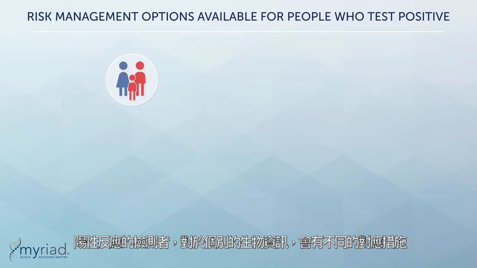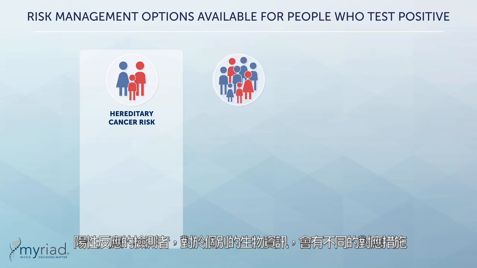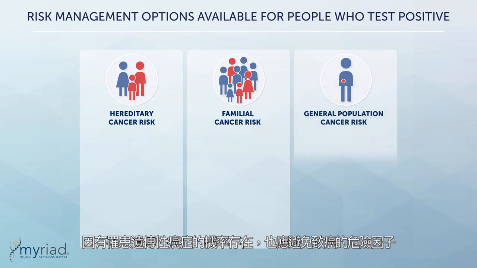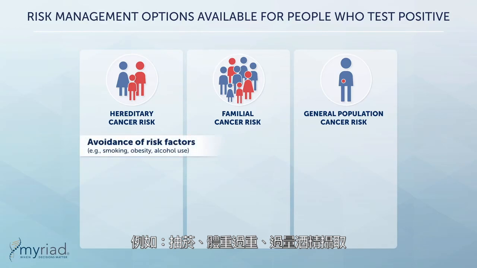The medical management options available for people who test positive are based on their unique profile. People who test positive require diligent medical management. They are at increased risk of developing cancer and should avoid behaviors that increase risk, like smoking, being overweight, and heavy alcohol drinking.